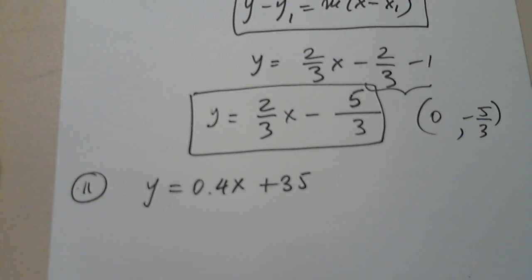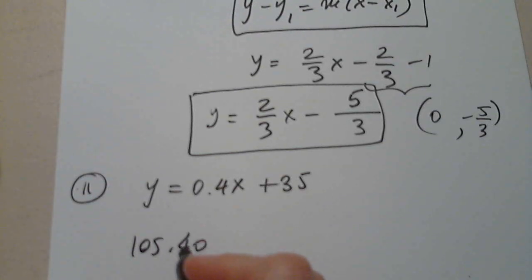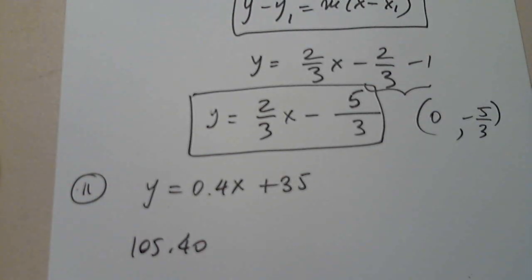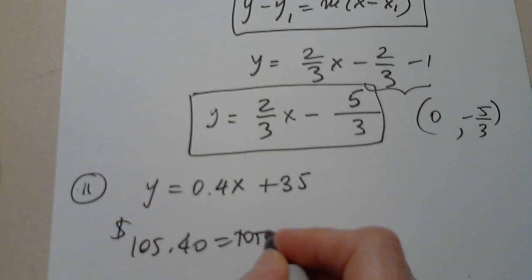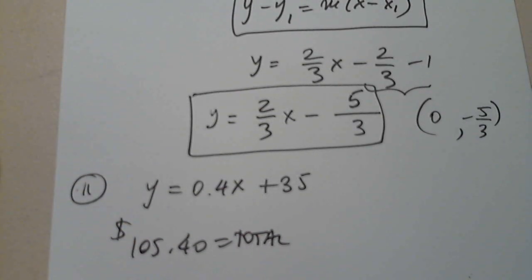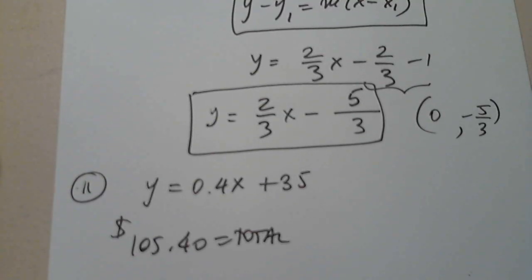Now part B. If she paid a total of $105.40, how many miles did she drive? So that was total cost. We want to determine the number of miles she drove. 105.4 minus 35.